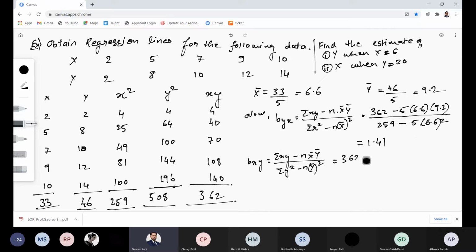So this is 362 minus 5 into 6.6 into 9.2 divided by 508 minus 5 into 9.2 square. So this is 0.688.